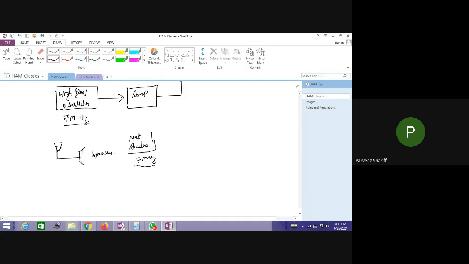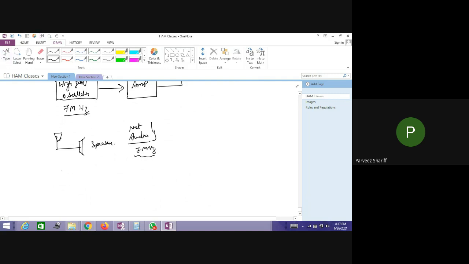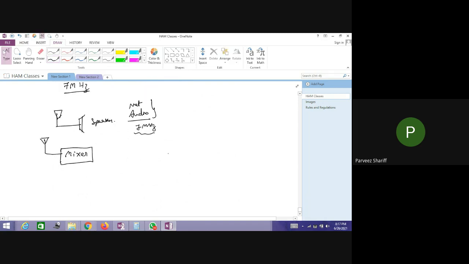So what we need to do is a frequency conversion. For the conversion, we need a mixer circuit. From the antenna, we will receive the signal and provide it to the mixer, and the mixer will have two inputs: the received signal and an oscillator.